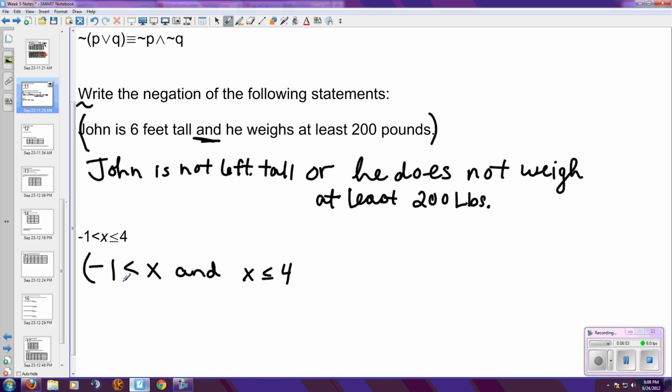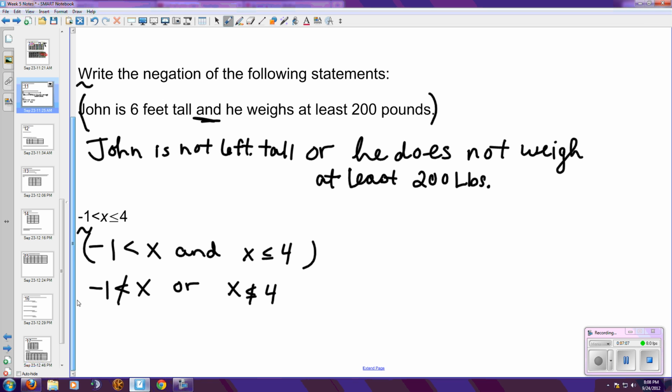To negate this whole statement, that would mean that -1 is not less than x, or x is not less than or equal to 4. From here, you could really leave it as is. There's lots of things you could do with it. You could flip the sign here, or this or that, but this would be perfectly acceptable, how we have it.